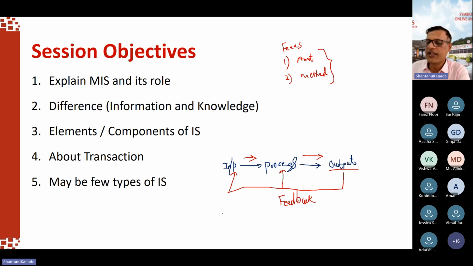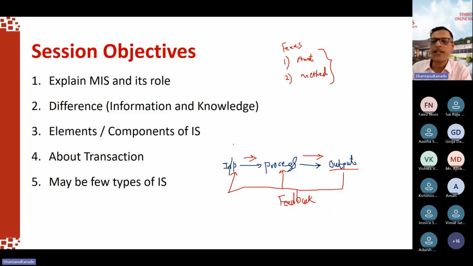What will be the feedback? It will tell you how much amount was deducted, what is the transaction date and time, to whom it was deposited, what was the amount, and was it successful or not. Whenever you are doing an online transaction, you are getting a feedback. And if you don't get a feedback, that means the system has not processed your transaction.